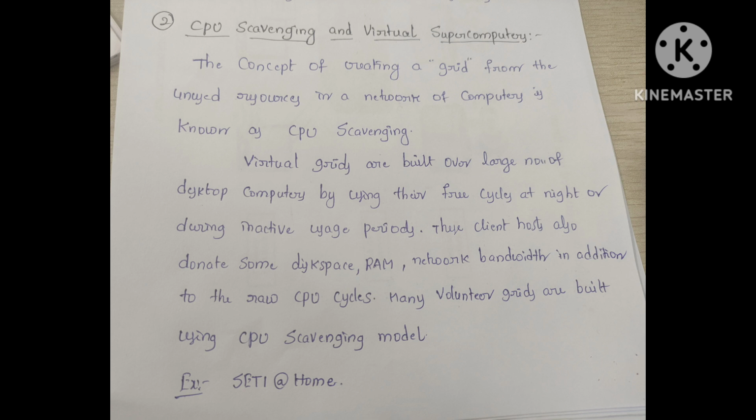These client hosts donate not only CPU cycles, but also disk space, RAM, and network bandwidth, in addition to the raw CPU cycles. Many volunteer grids are built based on CPU scavenging. One of the best examples for this is SETI at home.